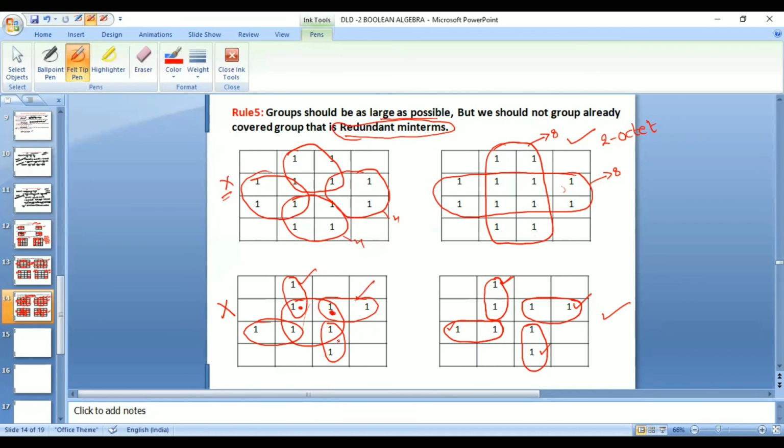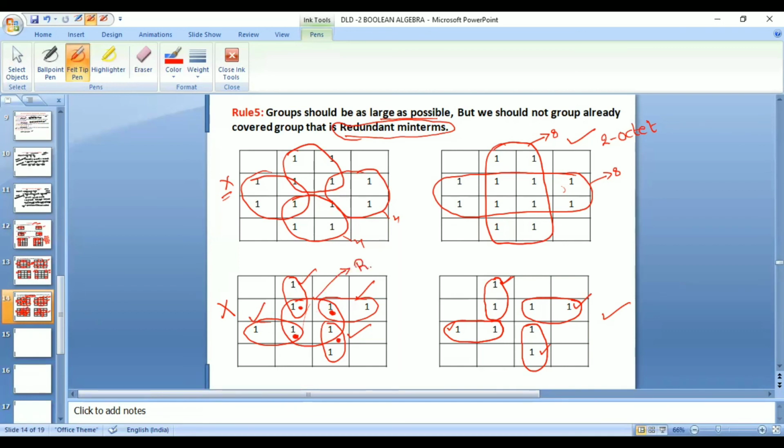And this minterm is already covered with this pair. And this minterm also is already covered with this pair. So all these four are already covered with the respective pairs. Then what is the need of making this quad?